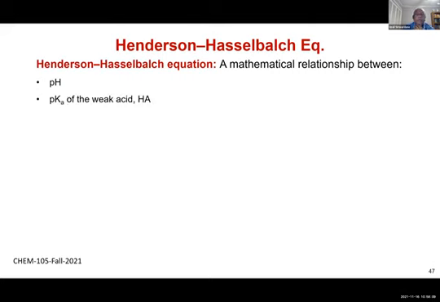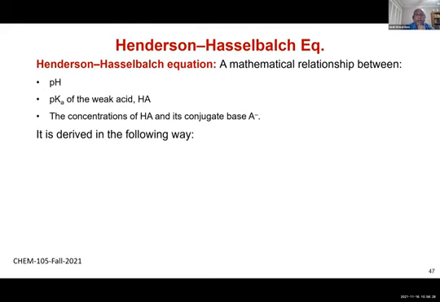The pKa of the weak acid is given, and the concentrations of the weak acid and its conjugate base are given. We can derive the Henderson-Hasselbalch equation based on the dissociation equilibrium of an acid and its conjugate base.